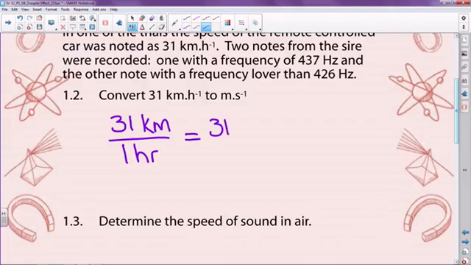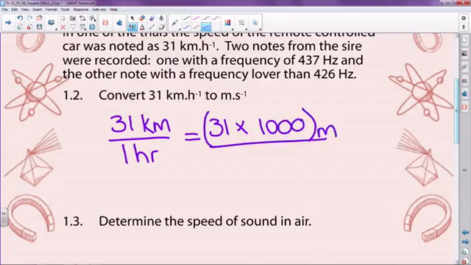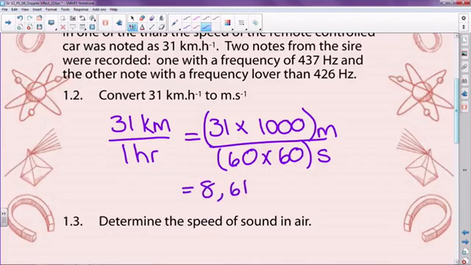So we go 31 times 1,000. That changes this into meters. To get it into seconds, remember 1 hour is 60 minutes and each minute is 60 seconds. So we times it like that. That gets it to seconds. In other words, I'm going to times by 1,000, divide by 3,600, and we get 8,61 meters per second.